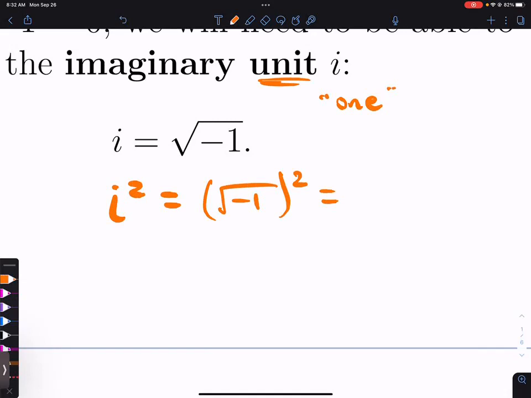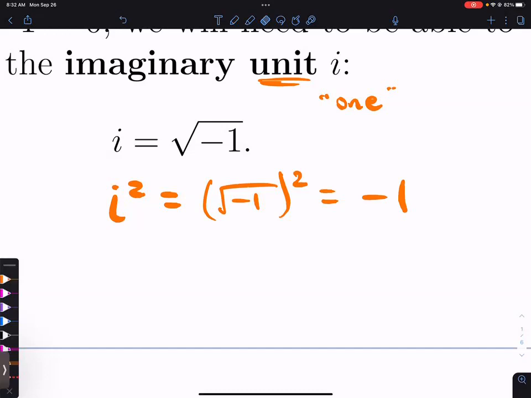What happens when you square root? They undo each other and they cancel. Yeah. So i squared is -1. We're moving to a different sense of dealing with numbers, right? Complex numbers, imaginary numbers work differently than real numbers.